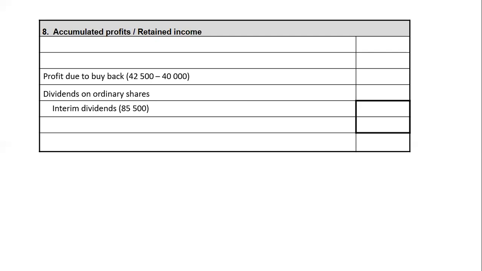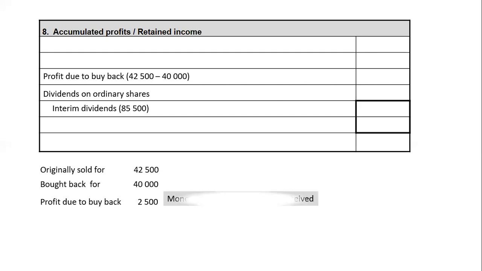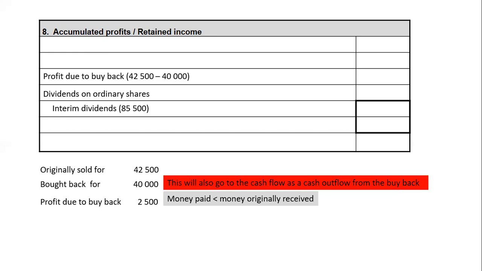So I paid 40,000 rand, but originally for these shares, I actually received 42,500, meaning that I paid less than what I initially received. In essence, I made a profit from the transaction. So the shareholder is losing 2,500 and I'm gaining that 2,500. It will be a profit when the money paid is way less than the money originally received.